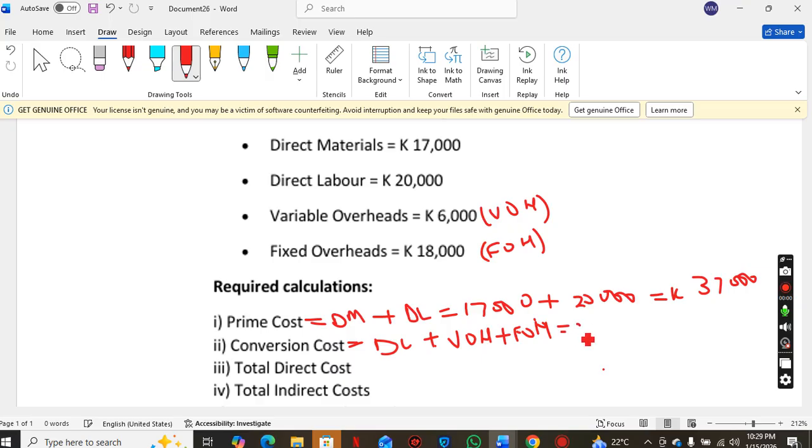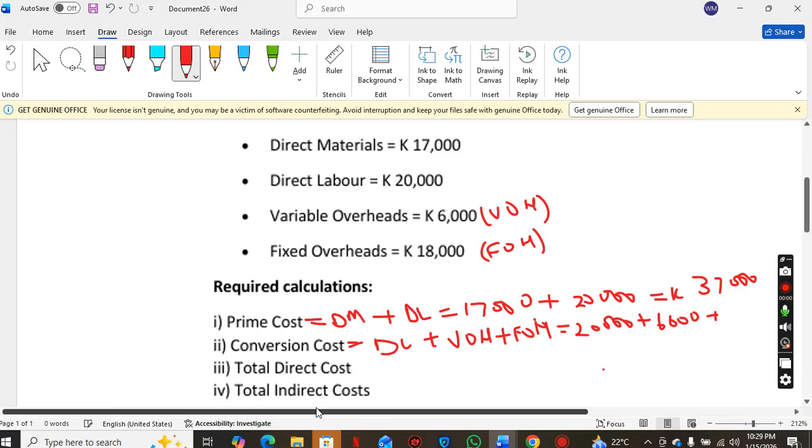So direct labor 20,000 plus variable overheads 6,000 plus fixed overheads 18,000.